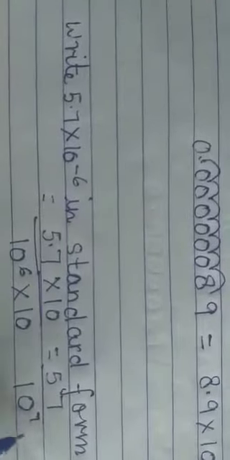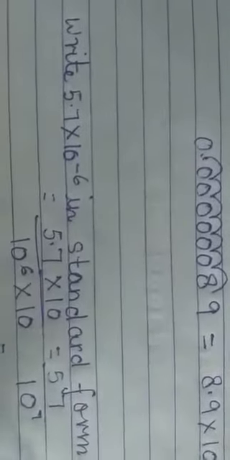So it will become 57 upon 10 raised to the power 7. The decimal will be after how many places? 7. So I'll write 1, 2, 3, 4, 5, 6, 7, and this will be my answer. I think it is clear to you.